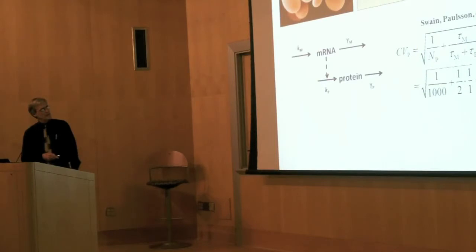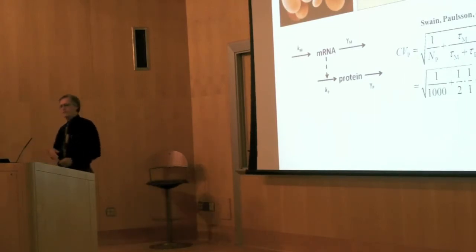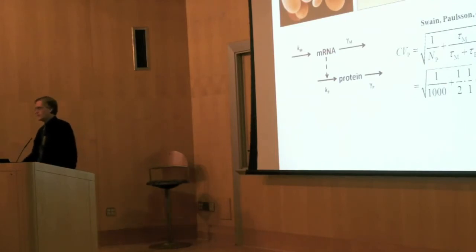It depends on the average number of protein molecules. It also depends on the average number of messenger RNA molecules. And it depends on the half-life of messenger RNA compared to the half-life of protein. We have all those numbers from the table. When we plug them into the rule of thumb, we now find the expected coefficient of variation is 70%.